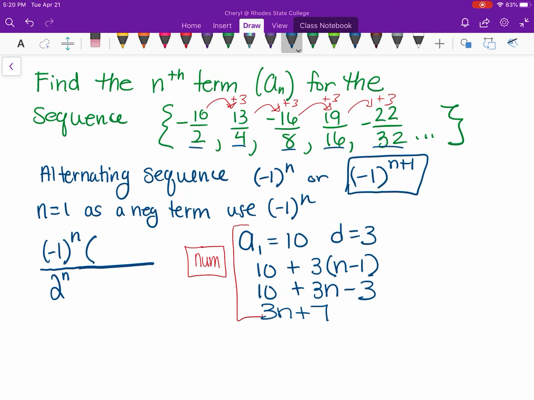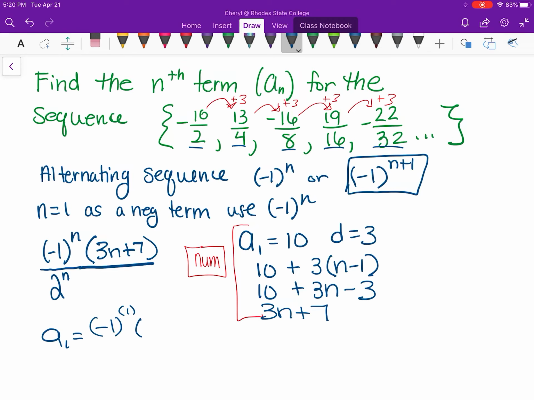So I know that's what's going to go on the top here, so that I can get the 10, the 13, the 16, the 19, and the 22, and so on. I have the 3n plus 7. So let's check it. I want to make sure that when I plug in n as 1 for my first term, I get negative 10 over 2.